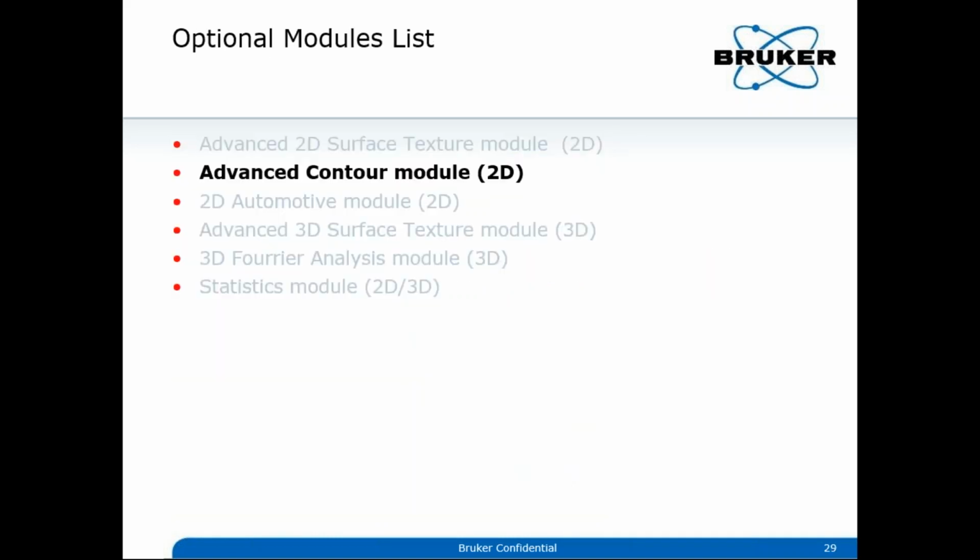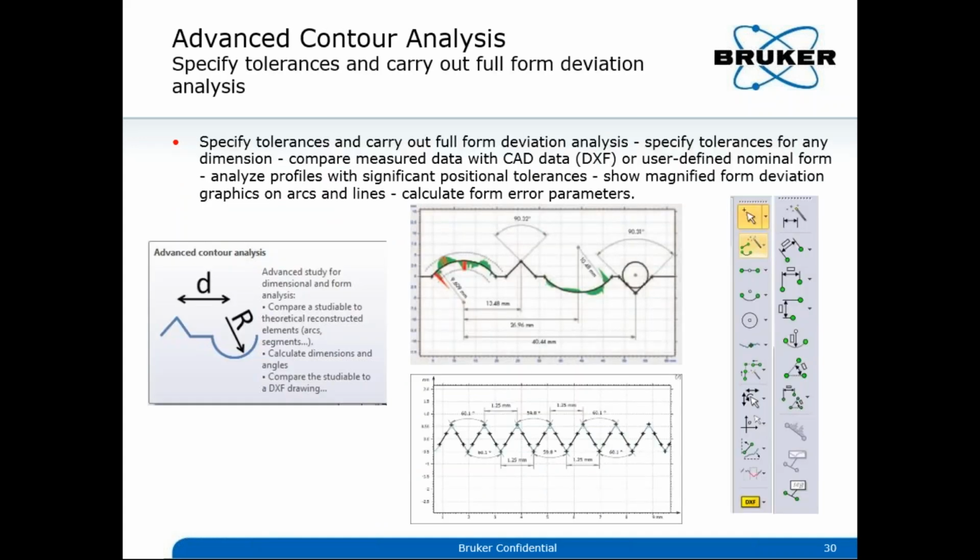The next module I'm going to talk about is the Advanced Contour Module, and this is also a 2D profile kind of analysis. You can compare the 2D profile extracted from the 3D images with the CAD drawing.